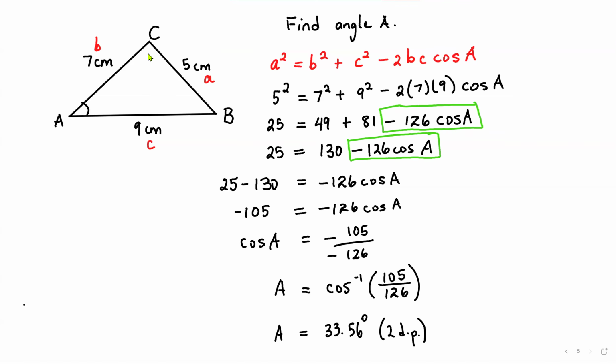If we want to find angle C, it means that I need to use the formula in which C is the subject. So that would mean I need to use C squared is equal to A squared plus B squared minus 2 times AB cos of angle C, right?